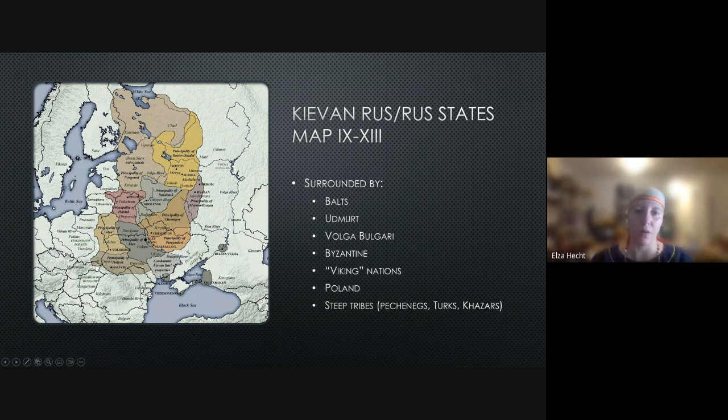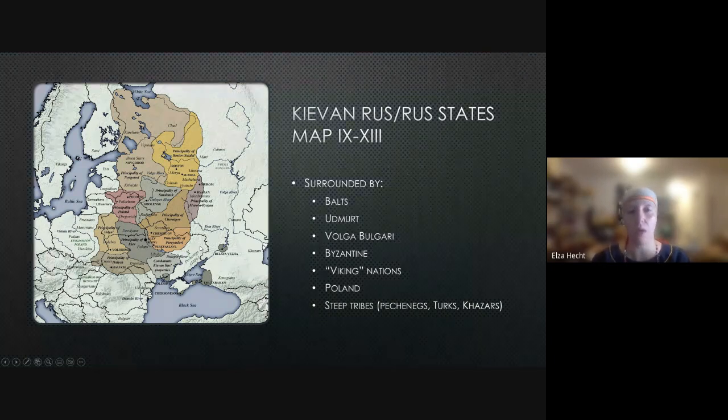The Rus were surrounded by many nations, many ethnicities and countries, some affecting and affected by trading, by fighting. So there was some exchange in materials, politics, economy.